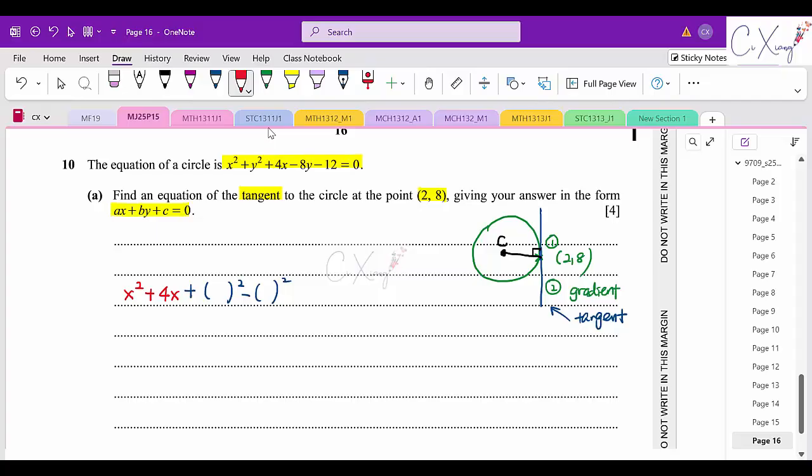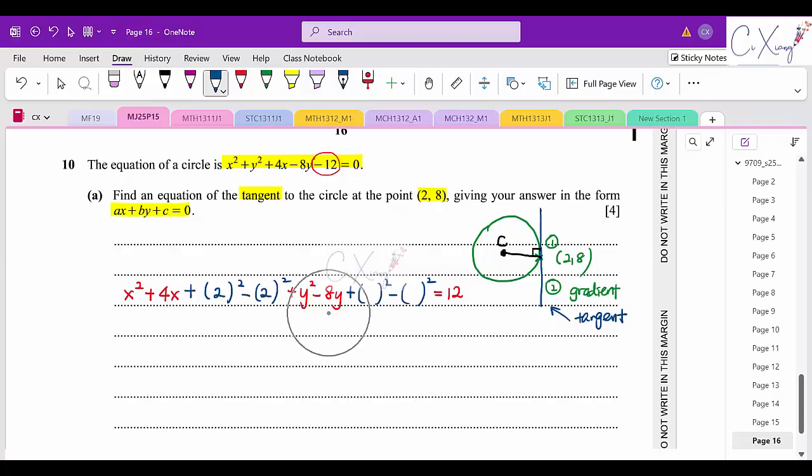The same for y: y squared minus 8y, plus something square minus something square. The number negative 12, I bring over and it becomes positive 12. What should I fill into the bracket? The something is the coefficient of x divided by 2, so 4 divided by 2 gives 2.